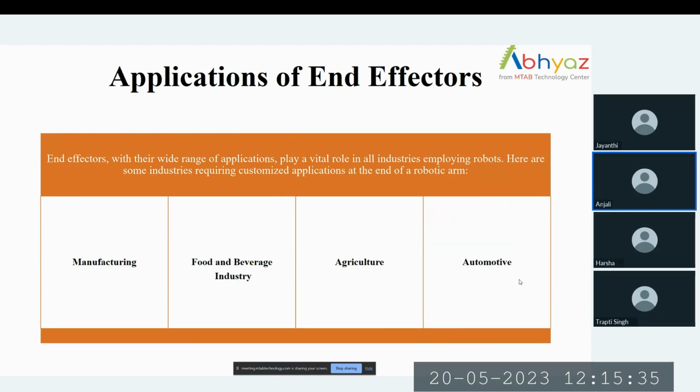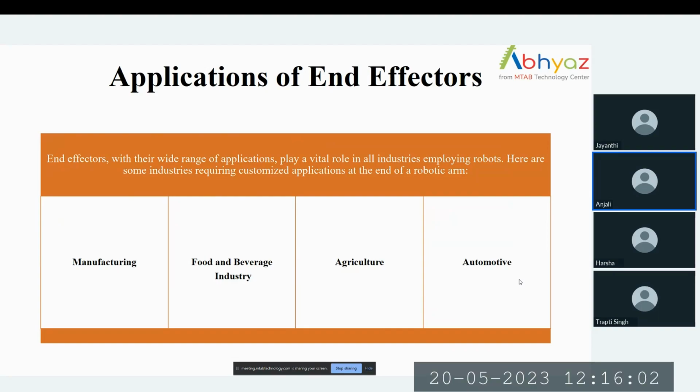The second one is the food and beverage industry. It is used in this industry to automate tasks such as sorting and palletizing. It handles fragile and perishable items with great care, and it can be designed to meet strict hygiene standards. The next one is agriculture. It is used for tasks such as harvesting, planting, and crop maintenance.